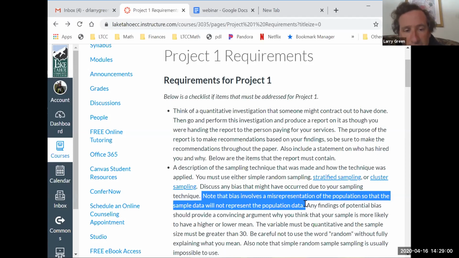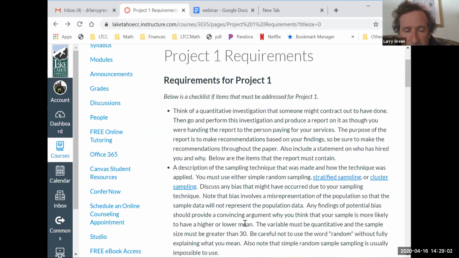Either the sample mean will be too high or too low because of the bias. So I want you to discuss whether you think it's too high or too low, based on the bias that you should identify in this paper.